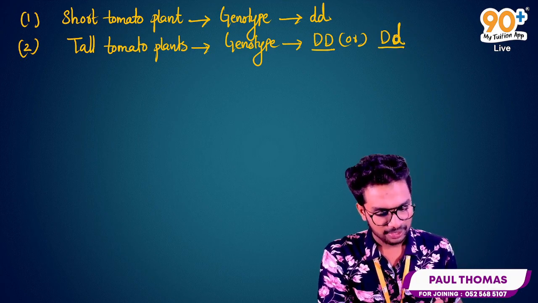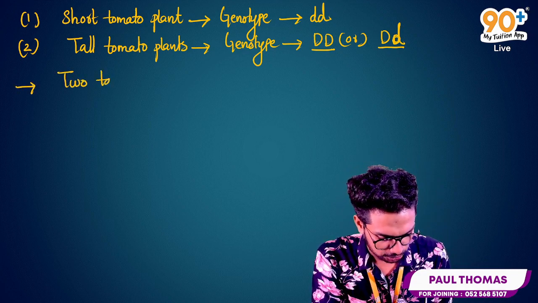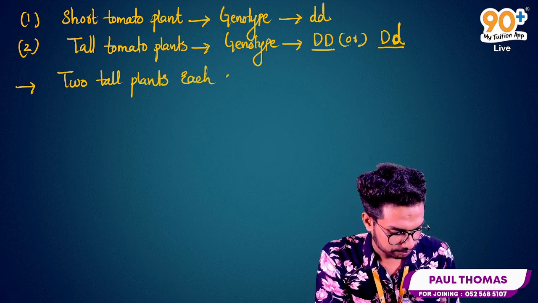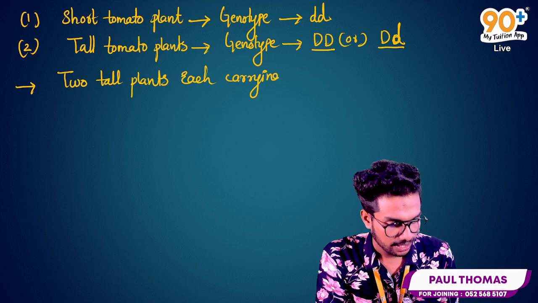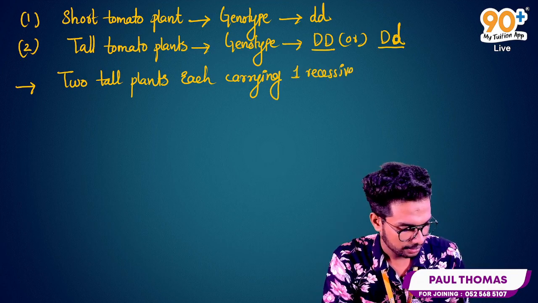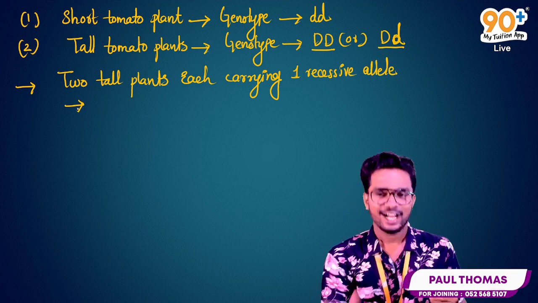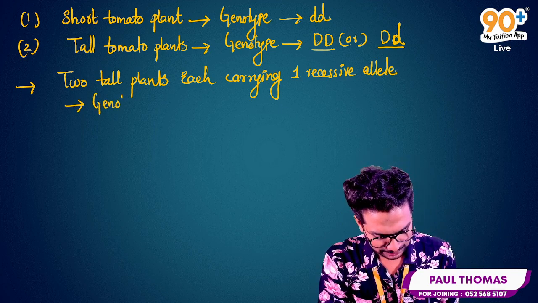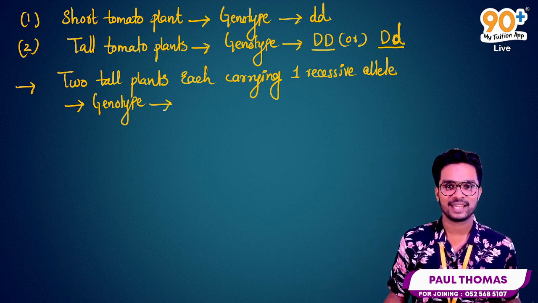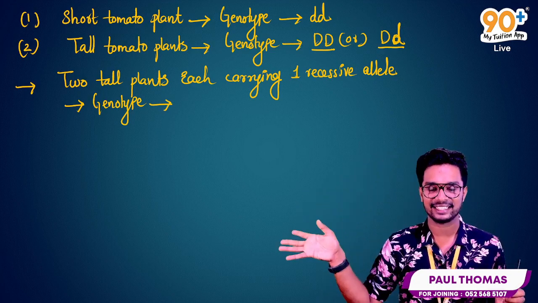So the exact question was, two tall plants each carrying one recessive allele being crossed. That means we need to find out the genotype for these plants. These plants are taken as the parental generation. Just write the genotype for these plants. They already gave the hidden clue that two tall plants each carrying one recessive allele were crossed.